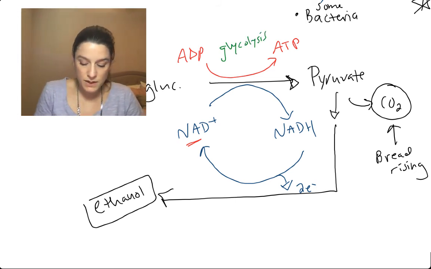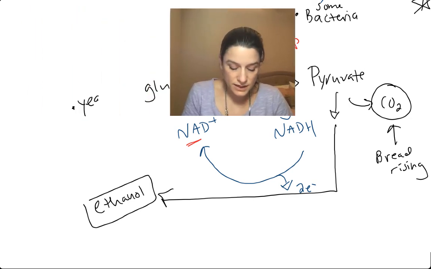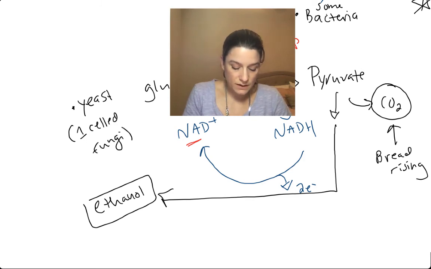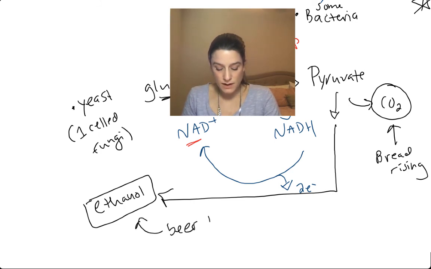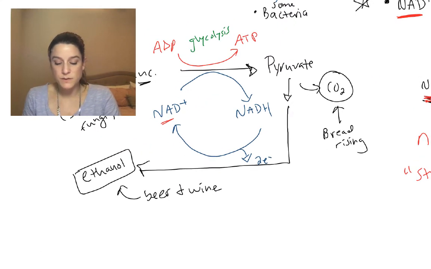What does this kind of process? Single-celled fungi called yeast. That's what yeast are. It's a big category. Okay. And the CO2 is what makes bread rise. The yeast are eating the sugar, doing glycolysis, and putting out CO2. And the ethanol, this is where the yeast in beer and wine, that's where you get the alcohol from, the yeast doing this process as well.